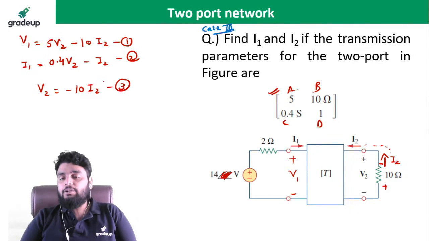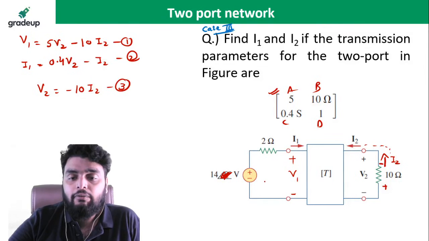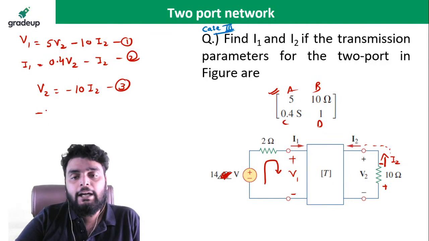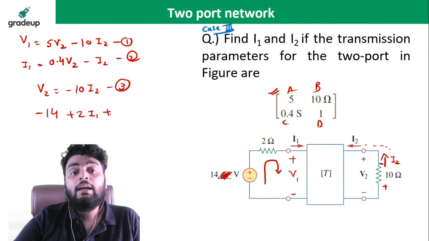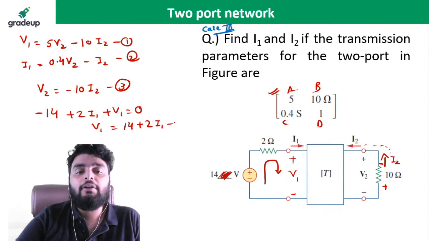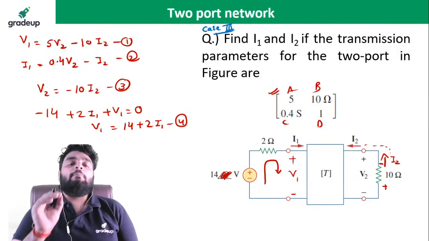This is the third equation. The last equation will come from this network. If you apply KVL here, you will get minus 14 plus 2 times of I1 plus V1 equal to 0, or V1 comes out to be 14 plus 2 times of I1. This is equation number 4.